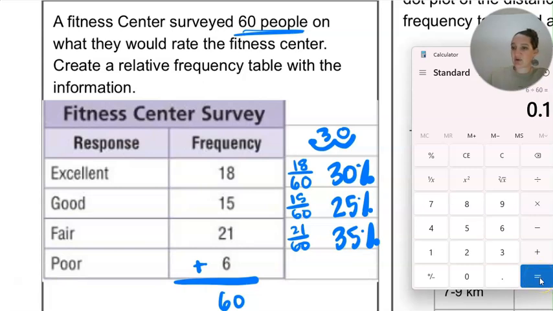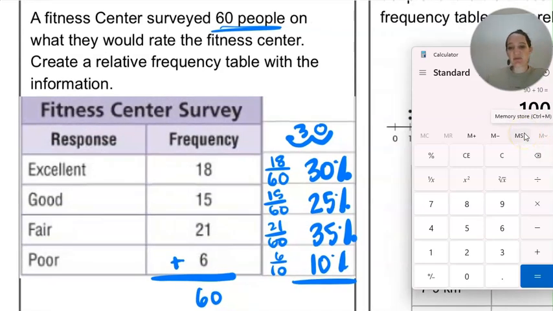And that's 0.1. Scoop that twice to make it 10%. Now, when you add up all those percents, it should equal 100%, which it does right here. So this is the percentage of people that rated it excellent, good, fair, and poor.